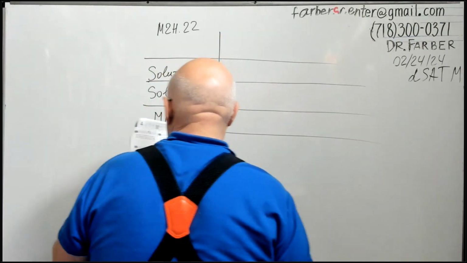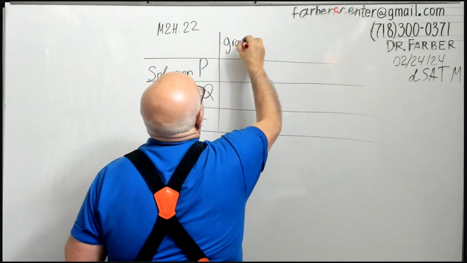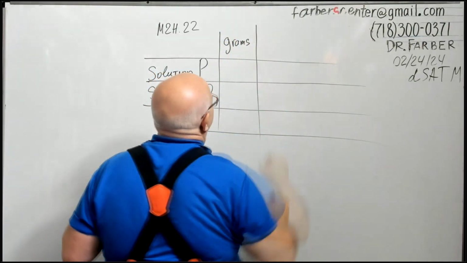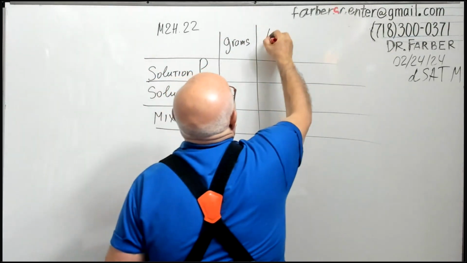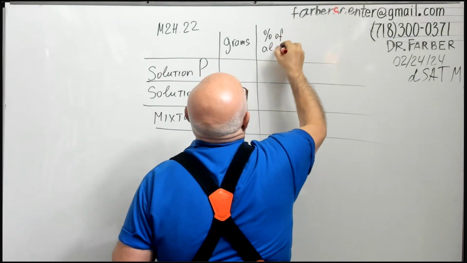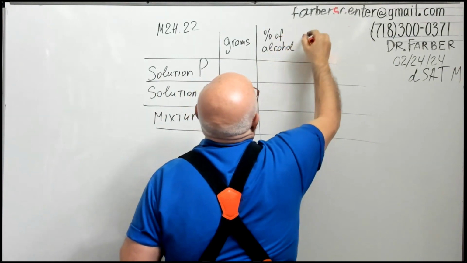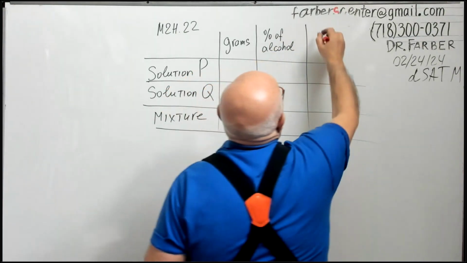Read what is given here. Unit of measurement, grams of this alcohol. And they provide the second property, percent of alcohol. And this is grams of alcohol.